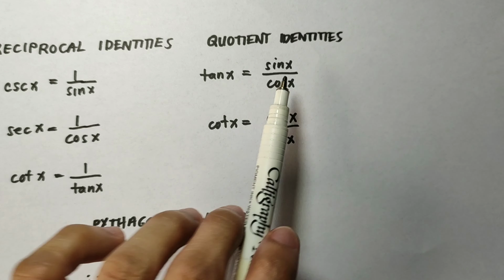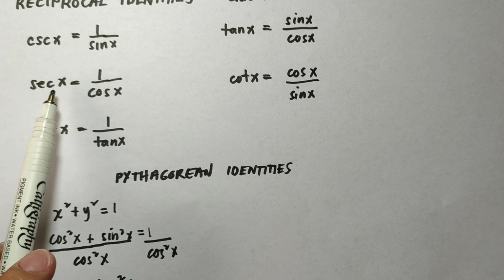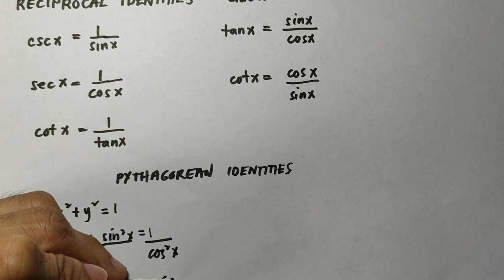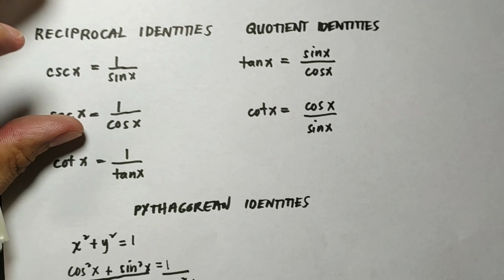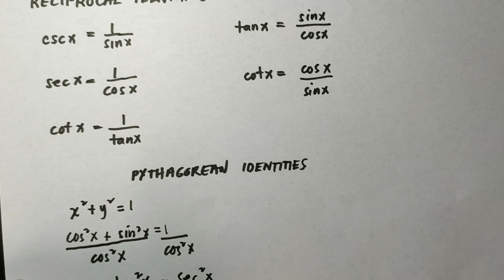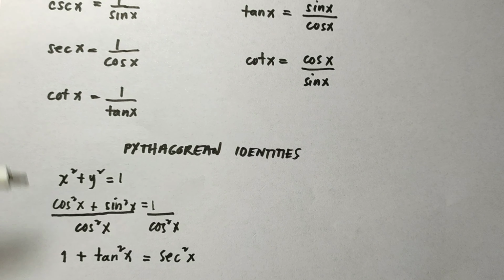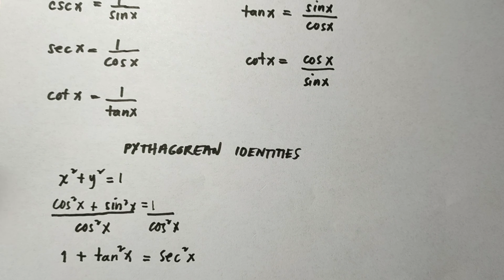And 1 over cosine x is equivalent to secant x; since there is an exponent of 2, that will be secant squared x. And that is one of the Pythagorean identities: 1 plus tangent squared x equals secant squared x.